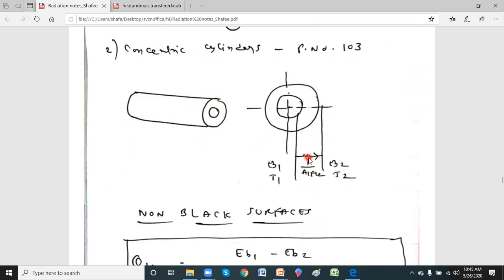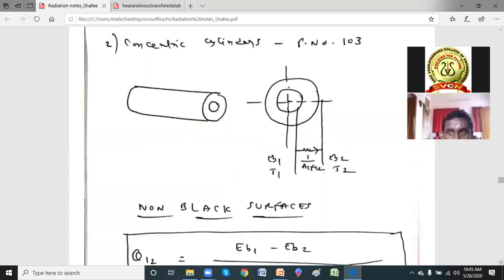So this is the resistance 1 by A1 F12. Again, in this case also, I can find out what is A1 F12. So hope you understood the radiation heat transfer between black surfaces and how to solve the problems.